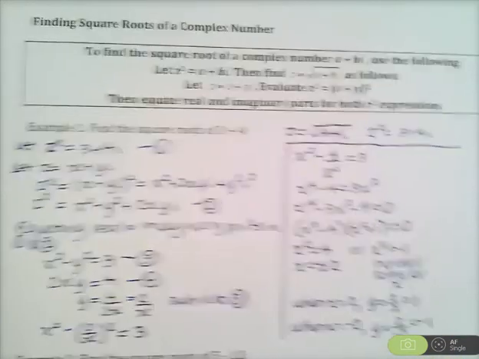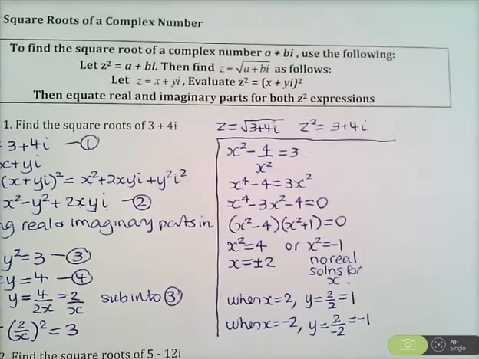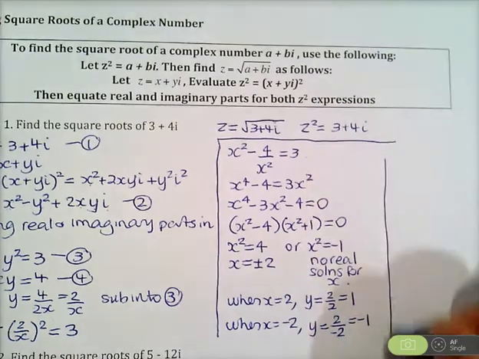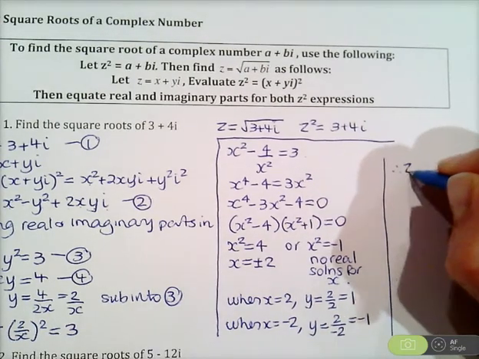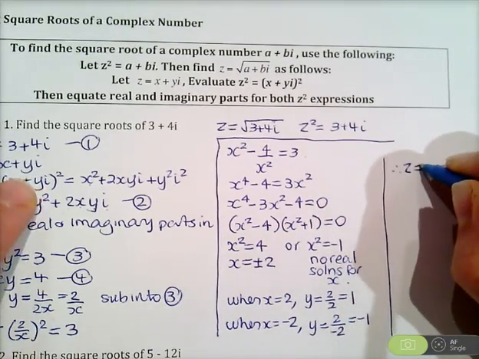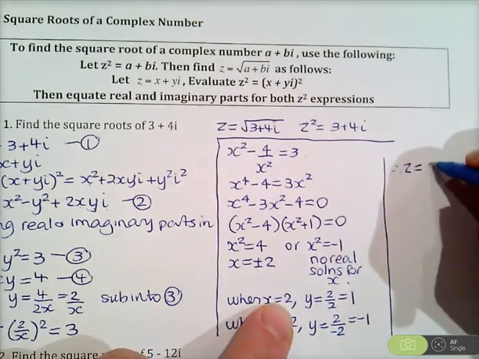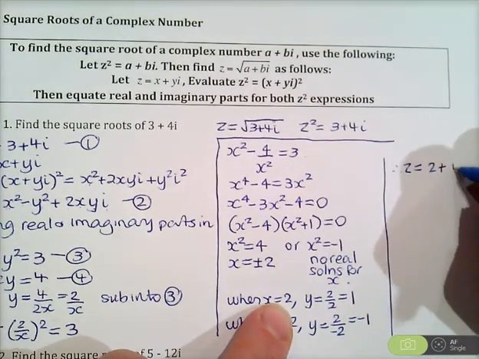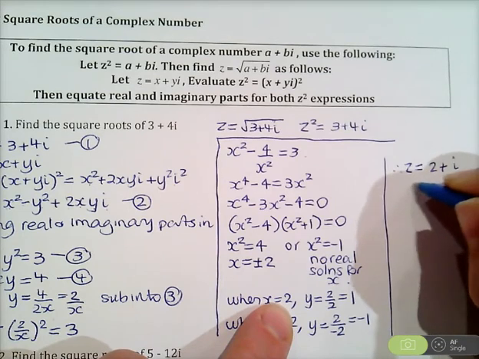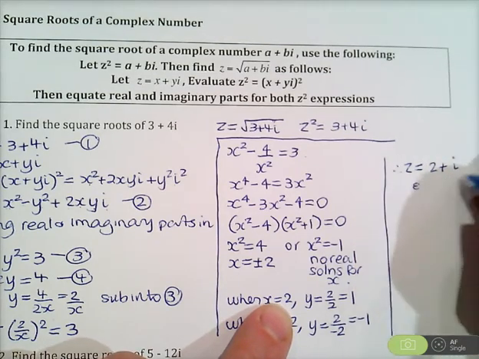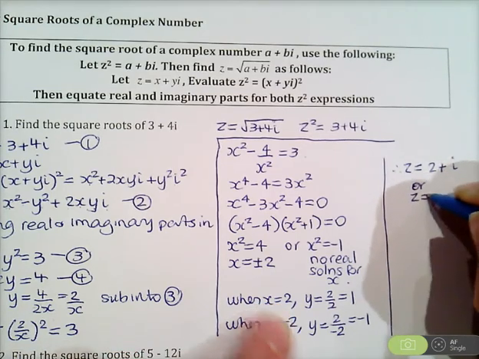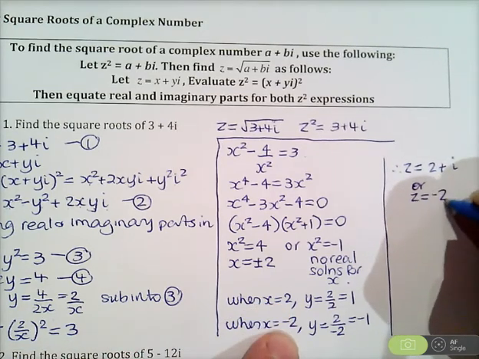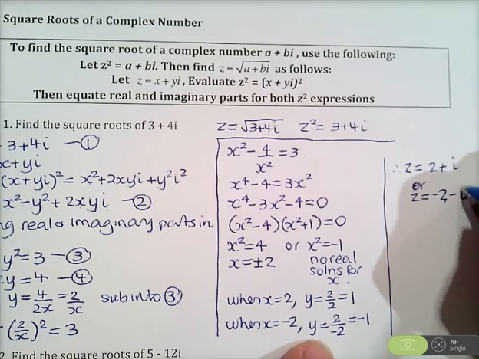And so therefore, we can write down what our complex numbers are. z is equal to x plus yi, and in this case, it's 2 plus 1i, or 2 plus i, or z equals -2, that's the value of x there, minus i.